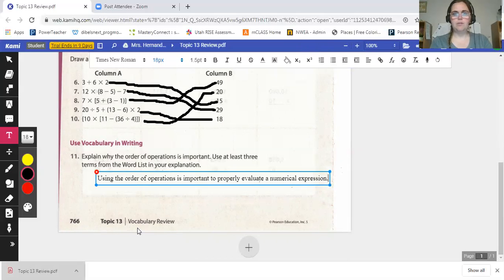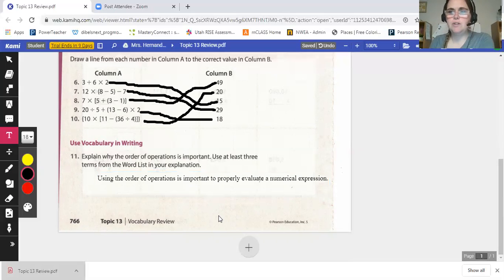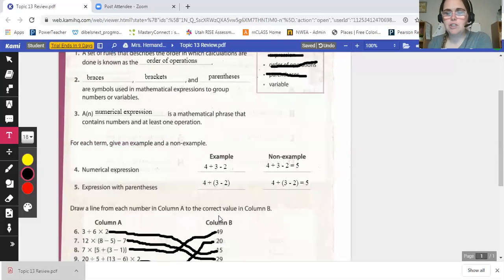Oh, I used 3. I used order of operations, I used evaluate, and I used numerical expression. And I'm done. There you go. You need order of operations in order to properly evaluate any numerical expression you have.